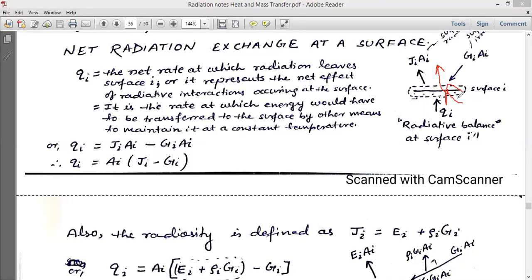So let that energy be Qi. That means Qi is the radiation required in order to maintain the temperature of surface i constant. जितनी एनर्जी बाहर जा रही है उतनी हमें सप्लाई करने की जरूरत पड़ेगी.